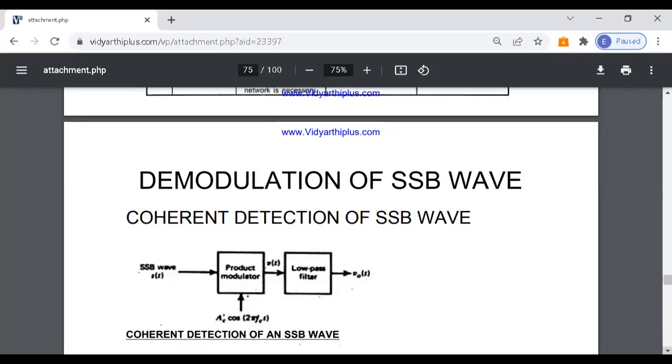We have to convert it back to the time domain, right? So this is demodulation.